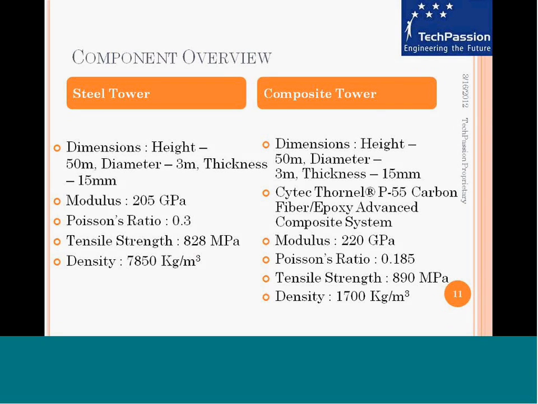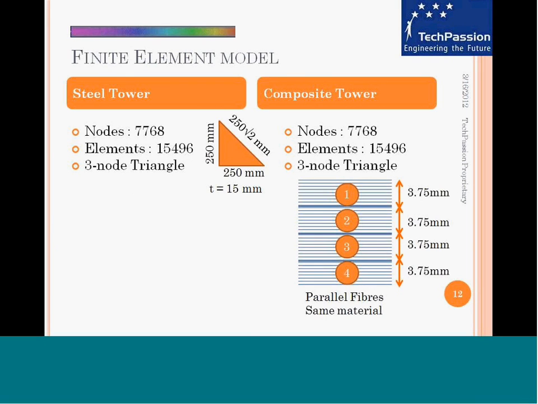So looking at the results, again there will be room for further optimizing the structure made out of composite in terms of the dimensions. We are using 3-node triangle elements to model it. There are 7,768 nodes and 15,496 elements.